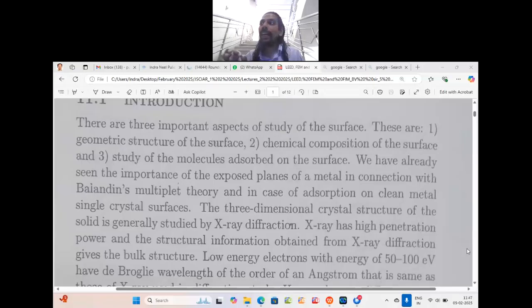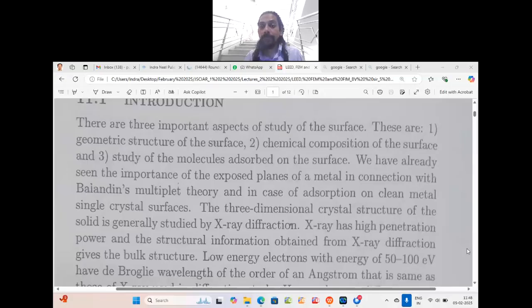So, going forward, we were talking about ESCA, electron spectroscopy for chemical analysis. This is a very promising, unavoidable, classical technique for the characterization of the surface of solids.